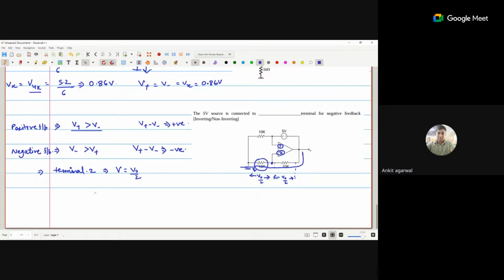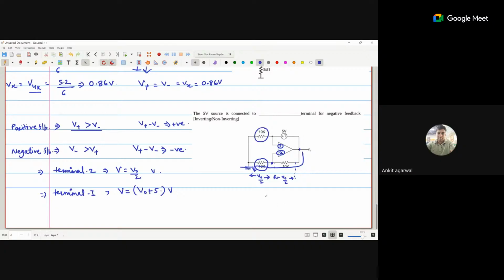Now similarly, if I take the terminal 1 voltage, that is V naught and this voltage is also added, and the complete voltage will drop across this resistor. The terminal 1 voltage is V naught plus 5 volts. Why? Because this is connected with the negative polarity.